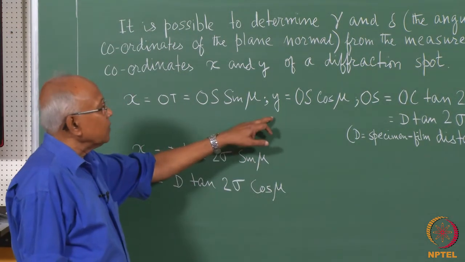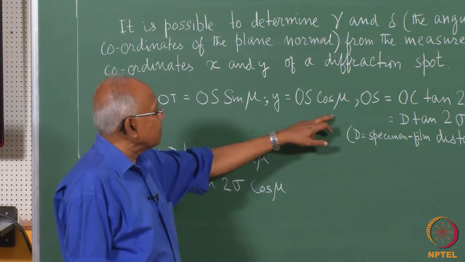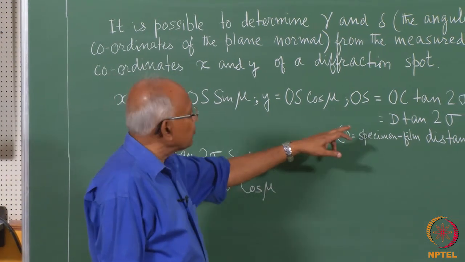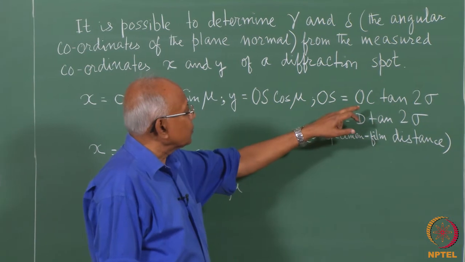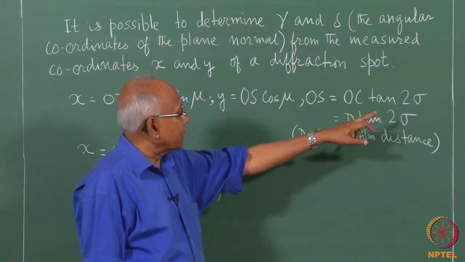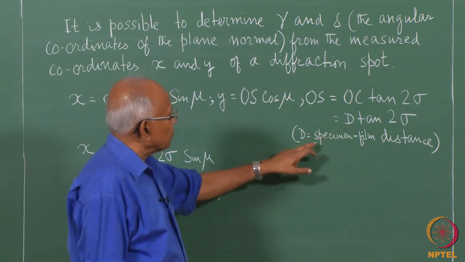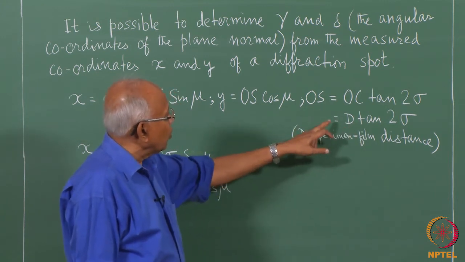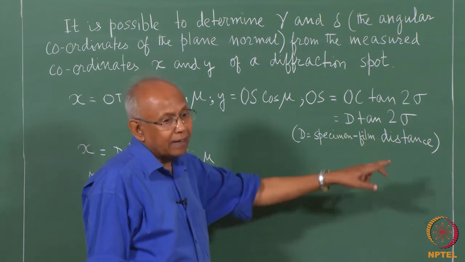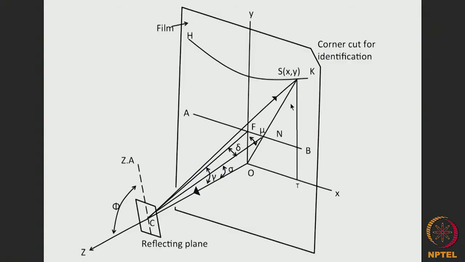Similarly, y will be OS cosine mu, and what is OS, by the way? OS is OC tan 2 sigma, and OC is nothing but capital D, which is the specimen to film distance. So, OS is equal to D tan 2 sigma. Now, this is the value of sigma over here, and this is the value of mu.